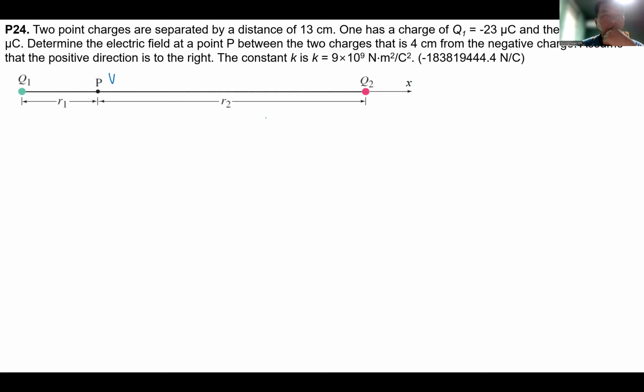In order to find the electric field, you need to find the electric field component from the charge Q1 at distance L1, and charge Q2 at L2, and then find the vector sum. The vector sum is important. In this case, in one dimension, the vector is either right or left.